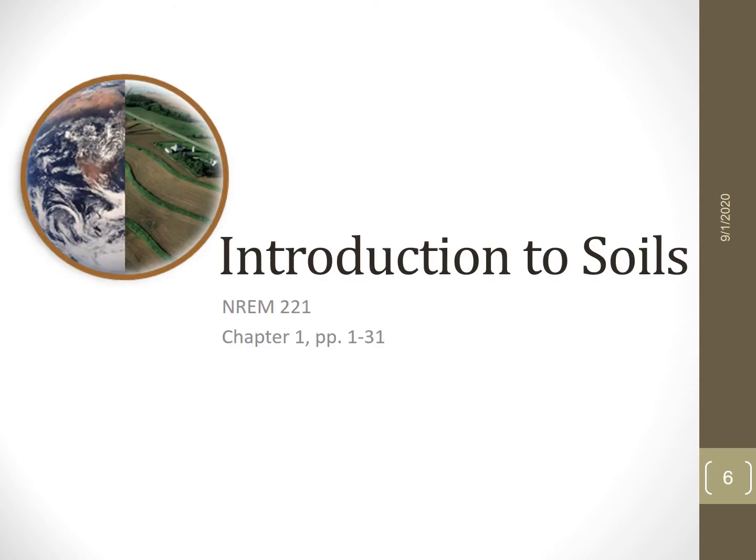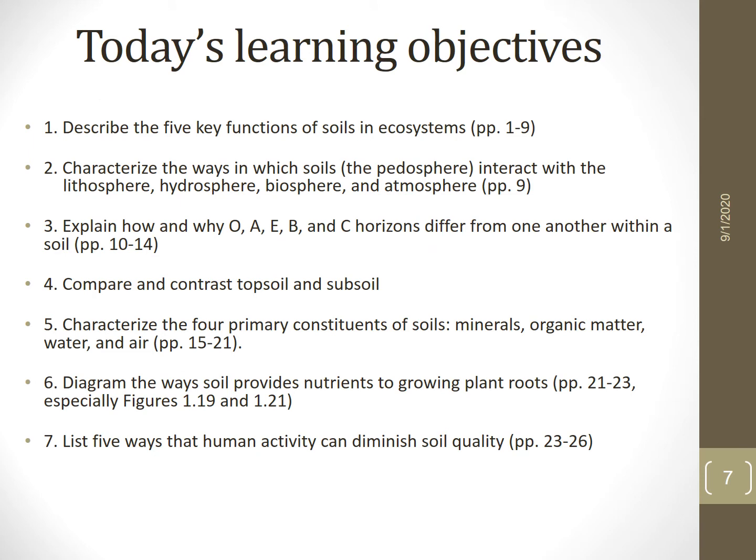So we're going to start with chapter 1, just introducing you to the general idea of soils and what they are. So today's learning objectives are to describe the 5 key functions of soils and ecosystems, to characterize the way in which soils interact with the lithosphere, hydrosphere, biosphere, and atmosphere, and explain how and why O, A, E, B, and C horizons differ from one another within a soil.